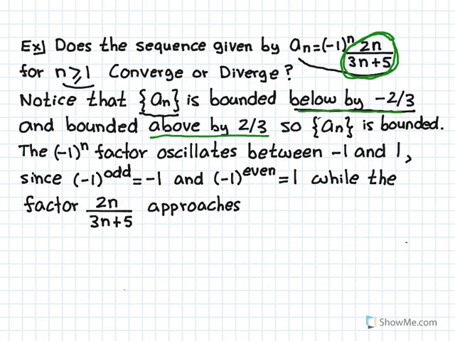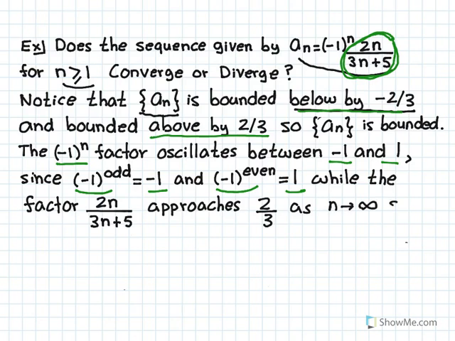So you can see that the (-1)^n factor oscillates between negative 1 and plus 1, because negative 1 raised to an odd exponent is equal to minus 1, and negative 1 raised to an even exponent is equal to plus 1, while the factor 2n divided by 3n plus 5 approaches 2/3 as n goes to infinity.